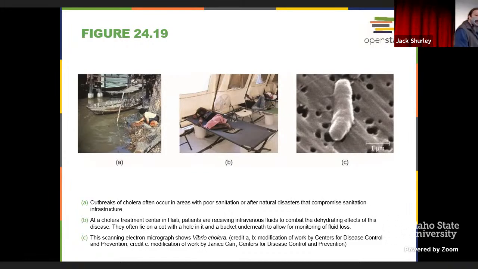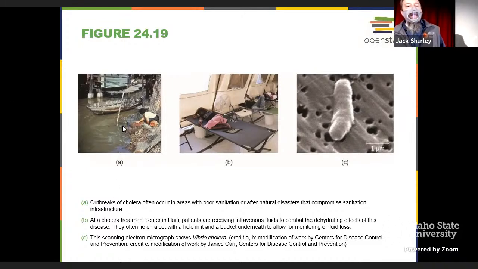Oftentimes the situation is some sort of poor sanitation, often thinking maybe natural disasters, hurricanes, earthquakes, numerous things that might set the stage for the infrastructure to break down, maybe for sewage to spill into the water supply, or maybe it just happens naturally through poor levels of sanitation in the first place. It really just depends on the circumstance.